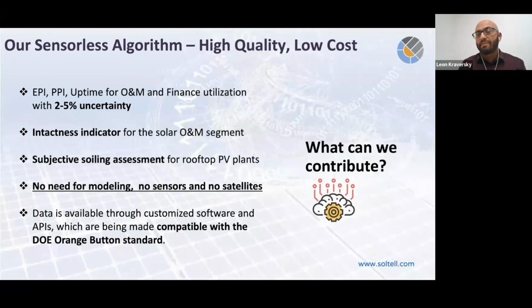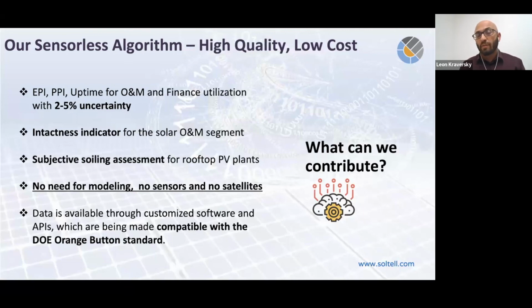Now, here is something I want to expand on, what we can contribute to this. So we have developed our own sensorless algorithm, which doesn't require hardware and neither remote sensing, with the support of the Israel Innovation Authority. And we proved it to reach an uncertainty level of 2 to 5%, which is pretty much tier 1 for any facility, anywhere.